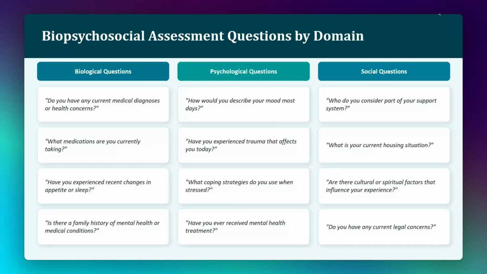The social context can often predict whether or not a client has the resources and support needed to follow through with the service plan. These questions form a solid biopsychosocial assessment questions list that you can adapt to your agency's format and build upon based upon your services and clients served.